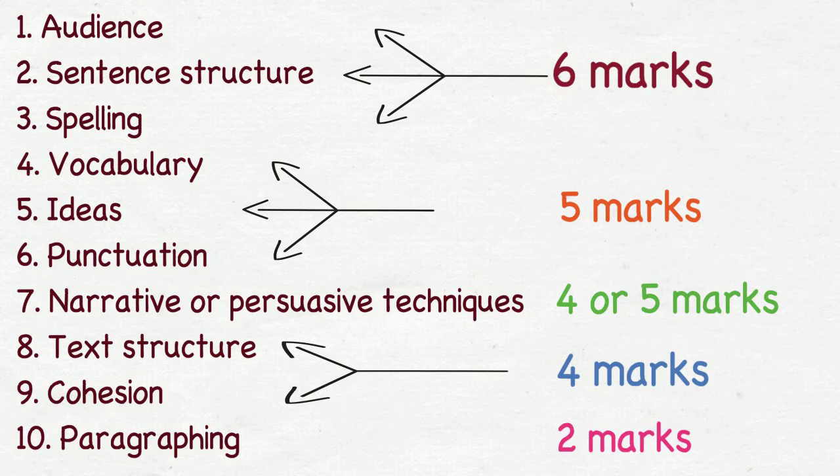How well can they communicate their ideas depends upon how well they do all the other things, like how do they structure their writing, and does it all hang together in a cohesive and logical way. They'll also get marks for their use of narrative writing techniques like metaphor and simile, or persuasive techniques, depending on what kind of writing they've been asked to do.